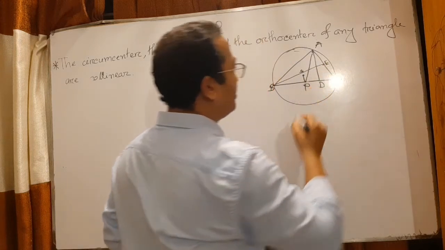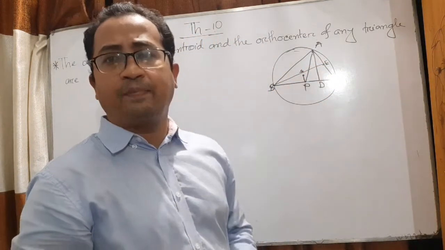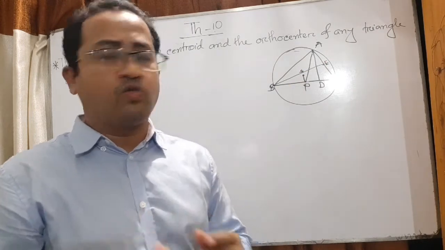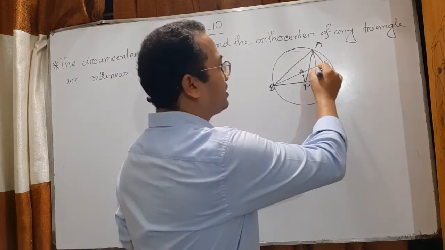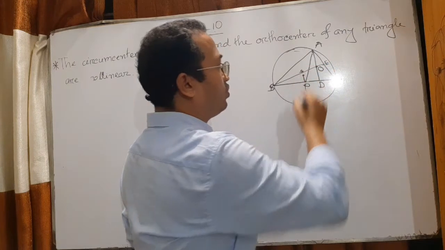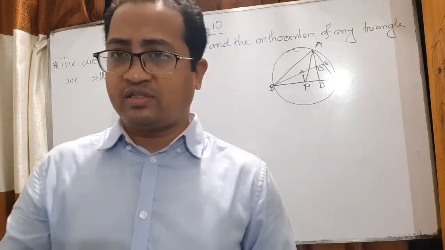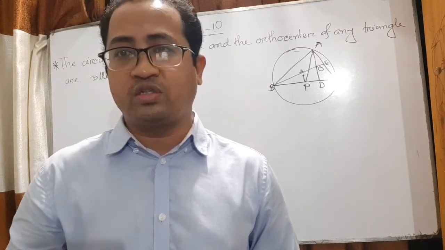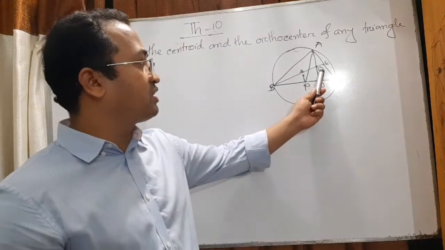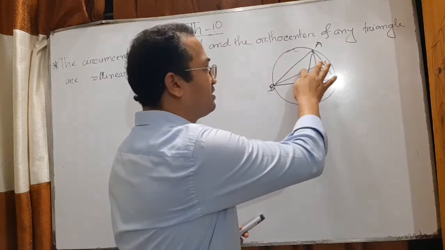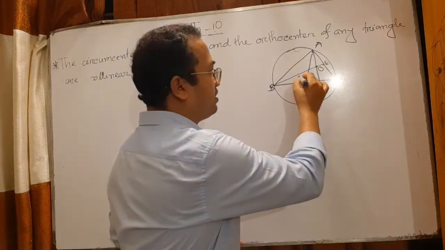This is BE, another perpendicular. These two perpendiculars intersect each other at O. So O is the orthocenter, S is the circumcenter.